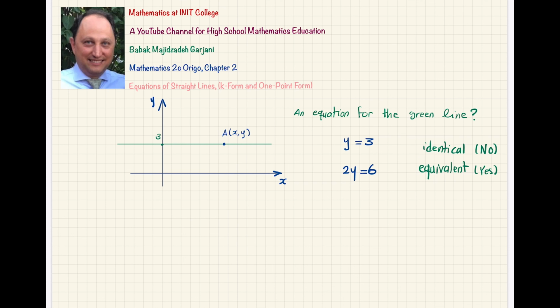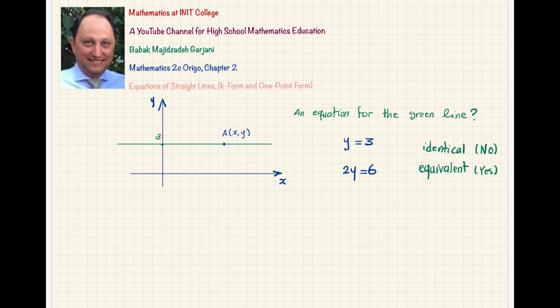The equation means that there is a unique equation for the green line, which is not, of course, true. You see here at least two versions of different equations representing the same line. So I have to use "an equation" for the green line. The green line is just one unique line, a line that passes through this point parallel to the x-axis, and that is here.